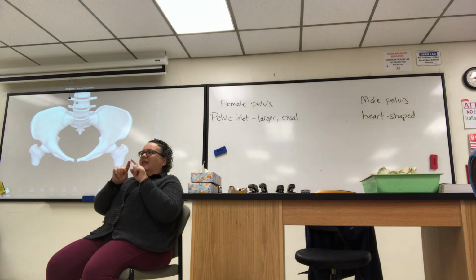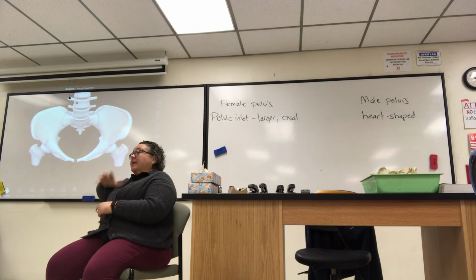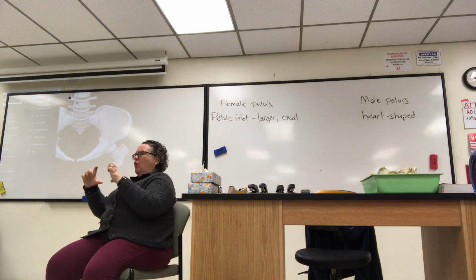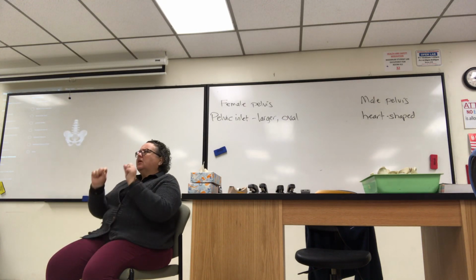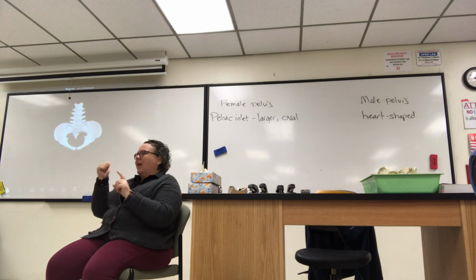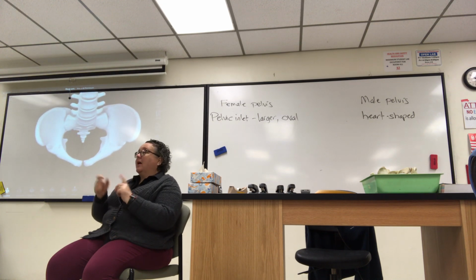So this is female. Let me switch back to male. I wish I could put them side by side in this app, but it doesn't allow you to do that. They say the male pelvic inlet shape is a little more heart-shaped, and it's smaller.